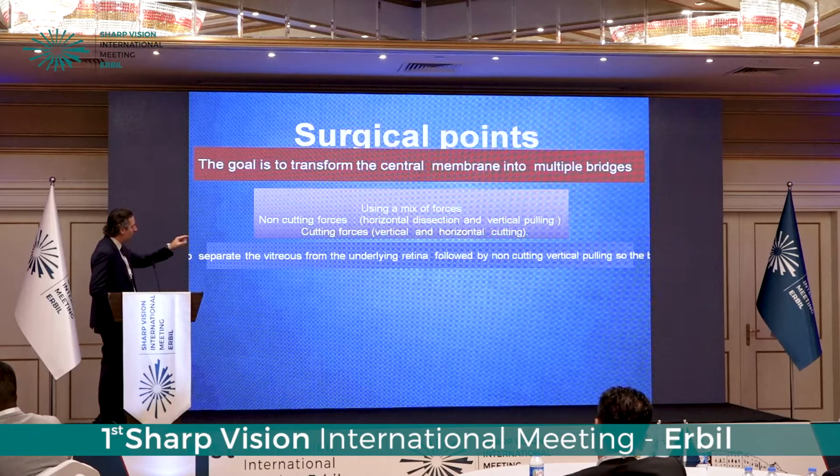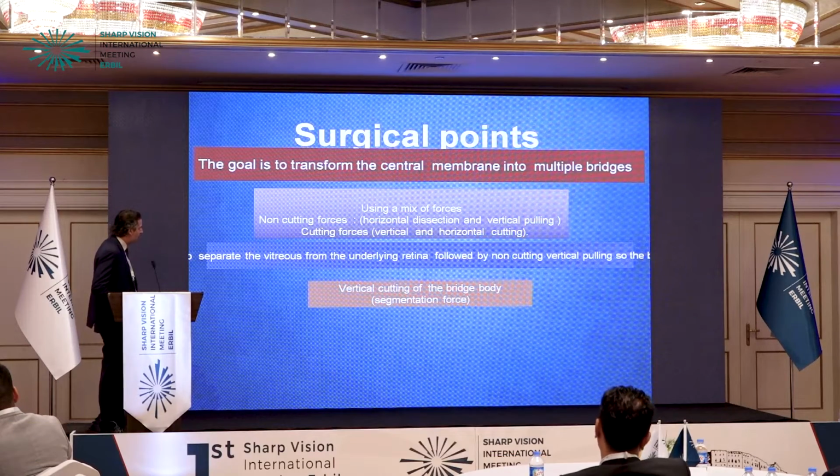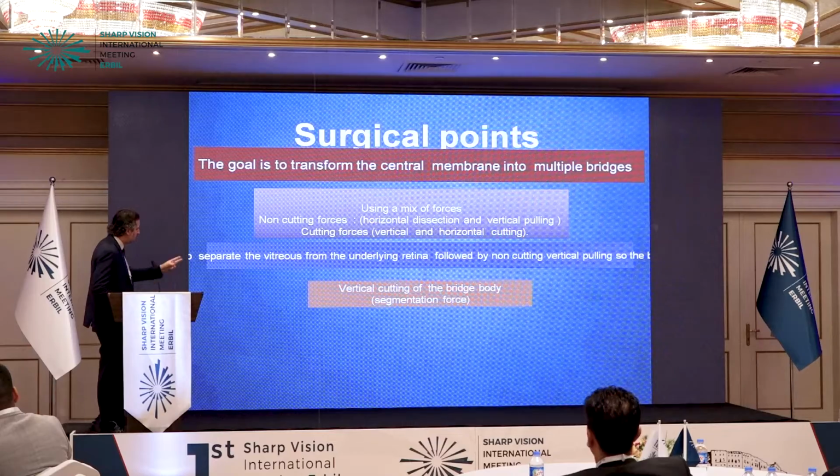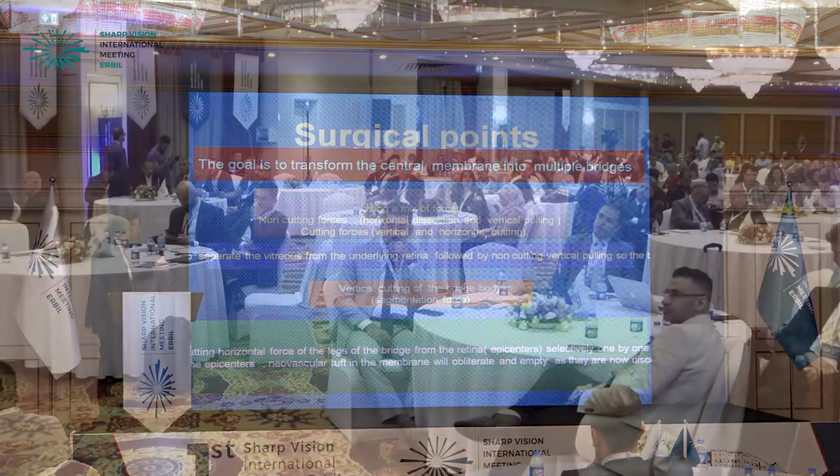This is combined with pulling the membrane vertically, so you can see the bridge. And then you use your vertical cutting of the body of the bridge, which is called segmentation force. And then you can use a horizontal cutting to disconnect the legs of these bridges. This will be illustrated in the next video.